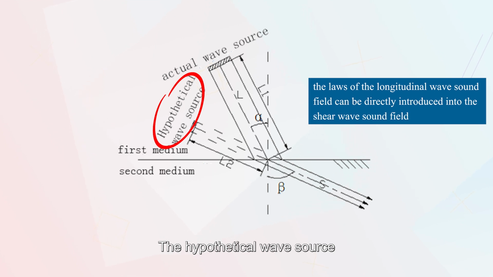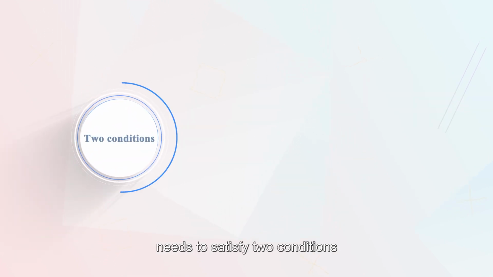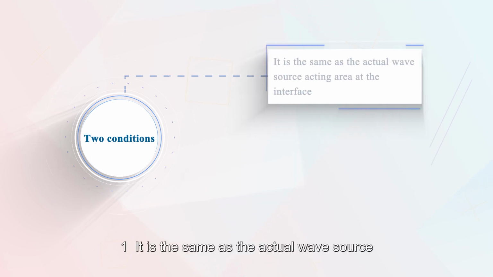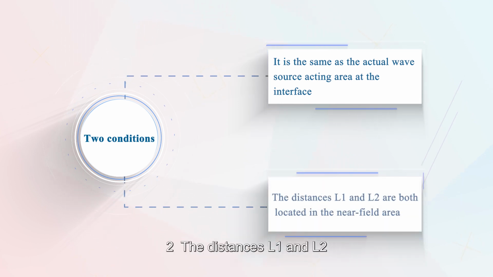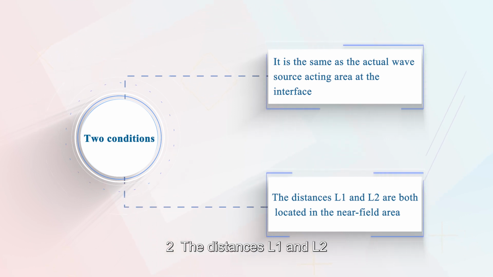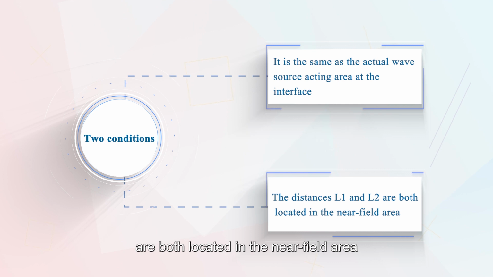The hypothetical wave source needs to satisfy 2 conditions. 1. It is the same as the actual wave source acting area at the interface. 2. The distances L1 and L2 are both located in the near field area.